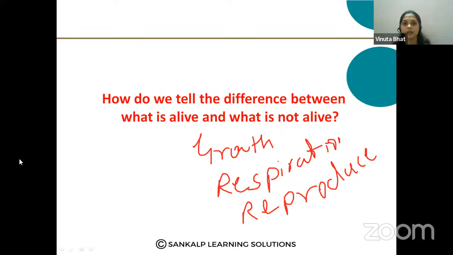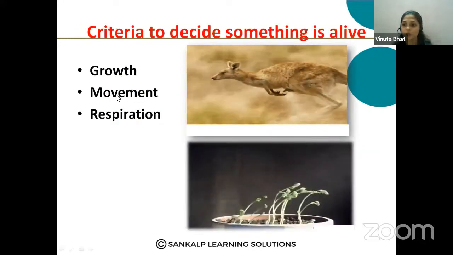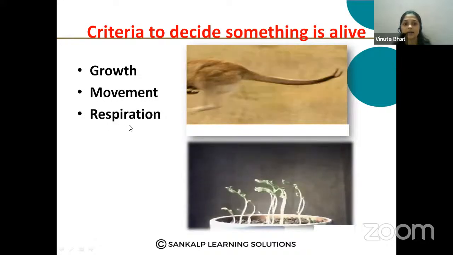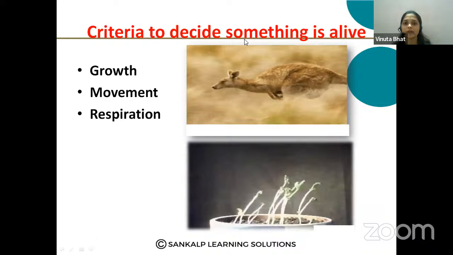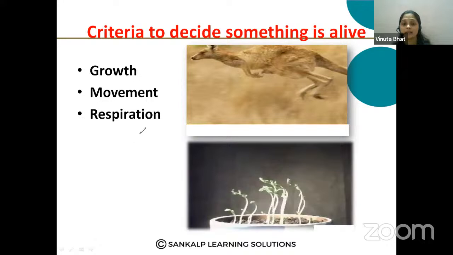We can observe growth, movement, and respiration. Growth can be observed in both animals and plants, which are living organisms. For growth, you have to take a certain period of time, for example one week or one month, then you can observe the growth. You can also observe movement in all living organisms, in both animals and plants.